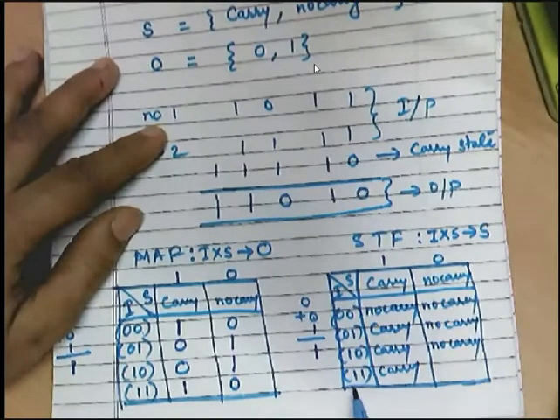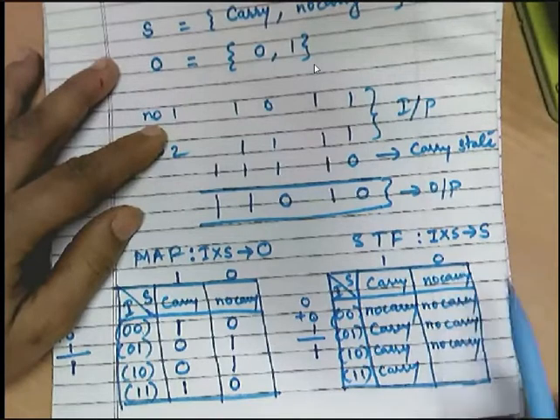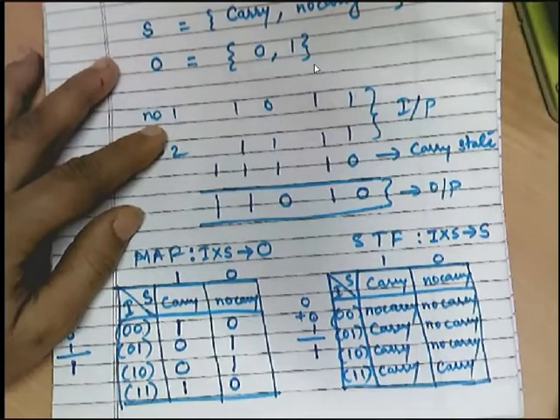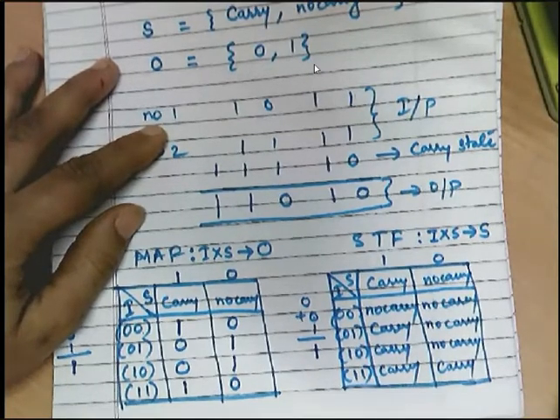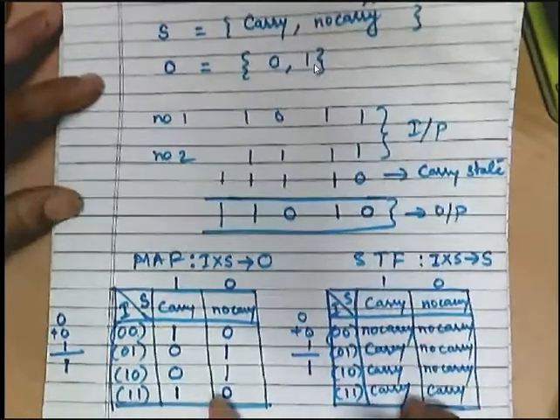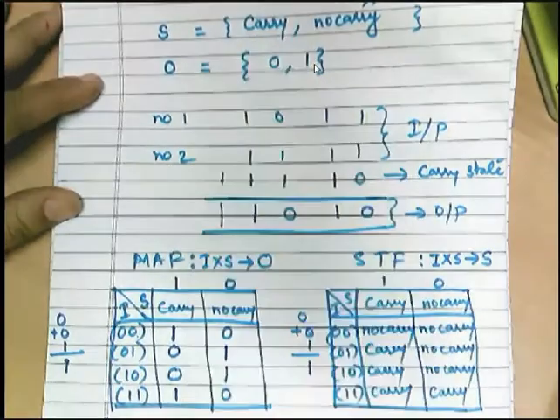And next is 1 1, and no carry state is there. So what will happen? Here also it will generate carry, because 1 plus 1 is 1 0. So it is generating carry. So in this way, we generate or identify the tables for the binary adder.